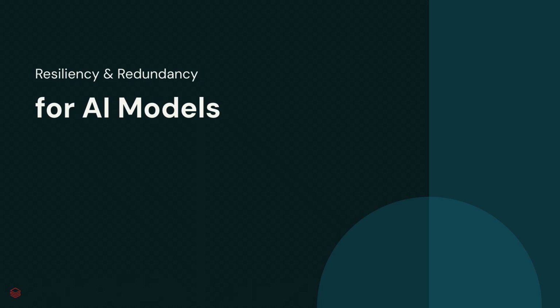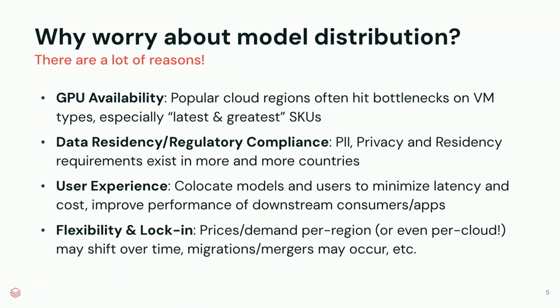So first off, what does resiliency and redundancy really mean for AI models on Databricks and AI models in general? There are a growing number of reasons, it seems like new reasons every single day, why you'd want to think about it. Hey, I've got a model in this region, it's running great.